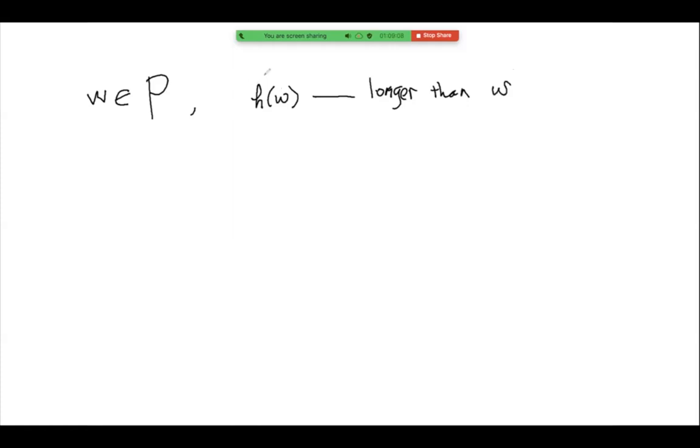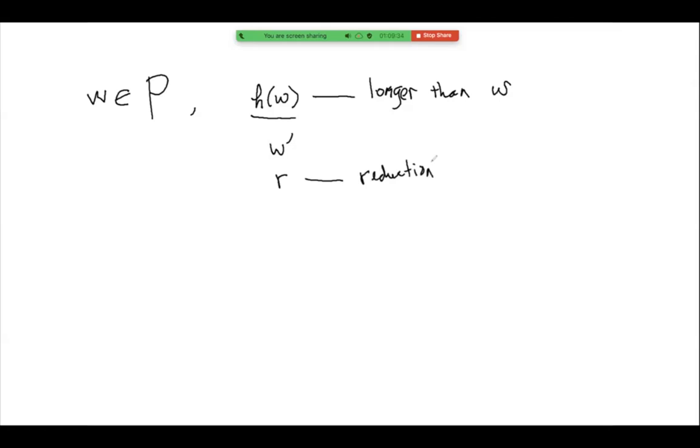So when I see this, in order to find a candidate w prime, I need to reduce this length. To do that, I am going to use something called a reduction function, R. This is called reduction.